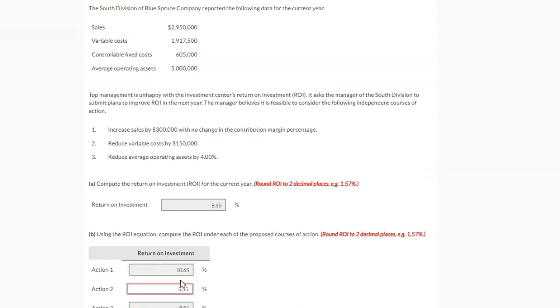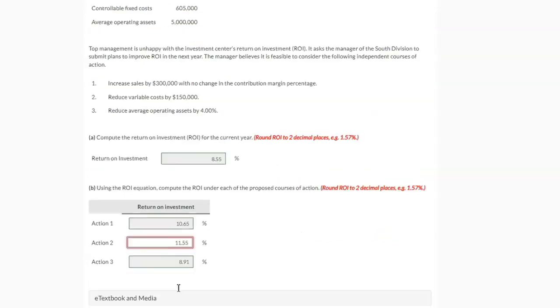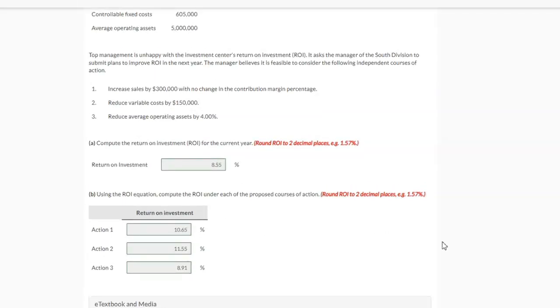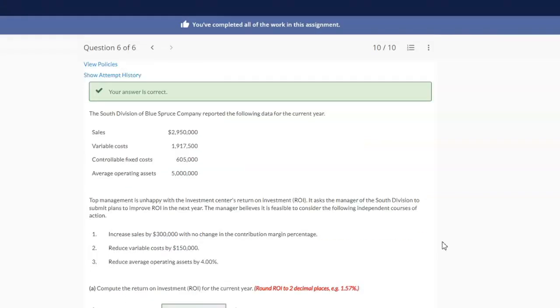Of course, it would have to be more than 8%, the original. So action number 2 seems to be correct. Check if that's correct. Yes, it's correct. Okay, good. Well, that completes it. Thank you very much. Any questions?